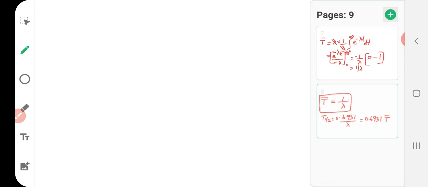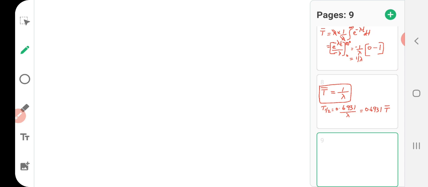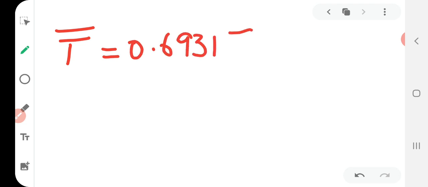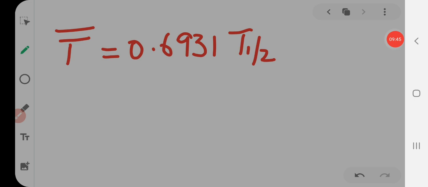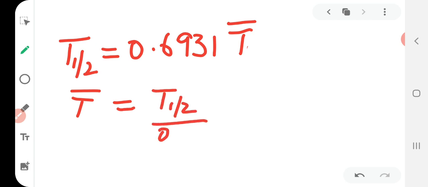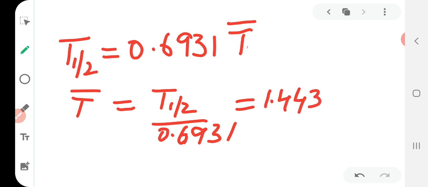So this is the relation connecting T half and t bar, that is T half is equal to 0.6931 t bar, or t bar, the average life or mean life, will be T half by 0.6931. So 1 by 0.6931 is 1.443, so t bar is 1.443 T half.